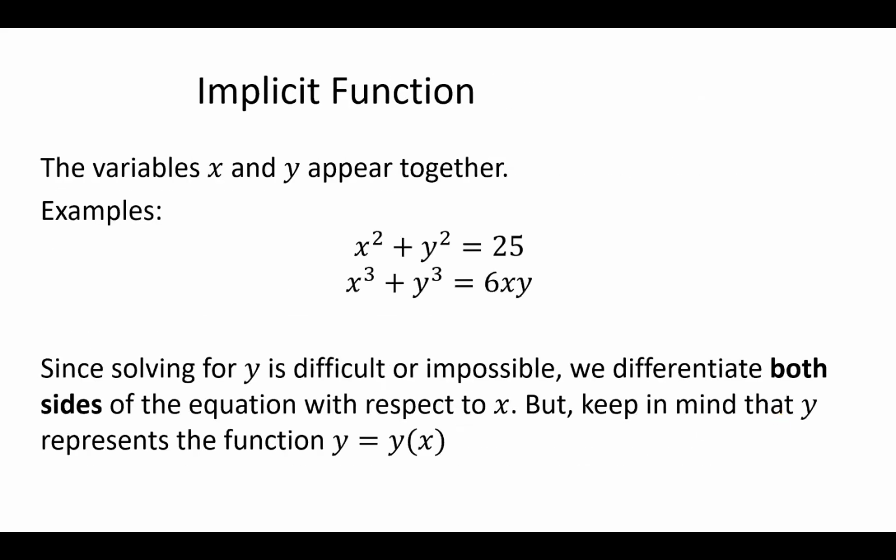However, sometimes we have times where the function y is implicit in the equation. An example of this would be x squared plus y squared equals 25. And a more complicated example is x cubed plus y cubed equals 6x plus y. Well, it is very easy to solve for y on the first equation, and easy in quotation marks.